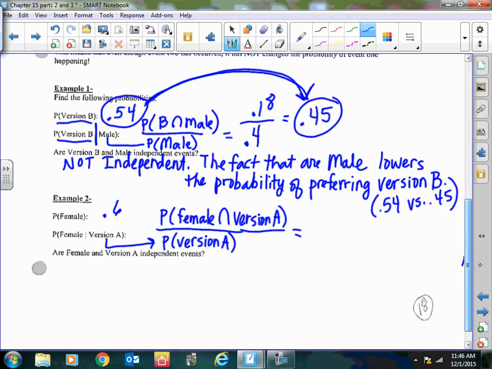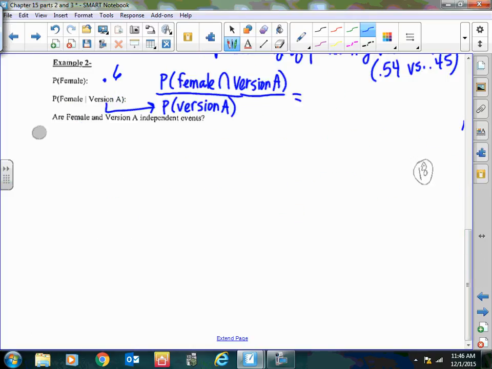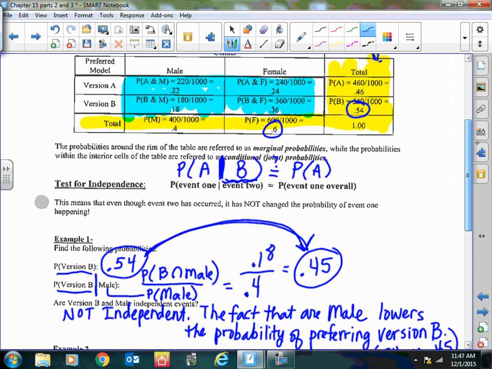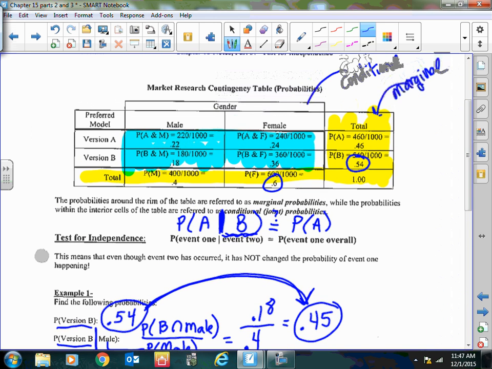But then we say, I wonder if I went and put all of the version A people in one room, what proportion of them would be females? So out of all the version A people, I would put the A and females on top. How much is the total, the marginal version A? All of the version A's is how much?